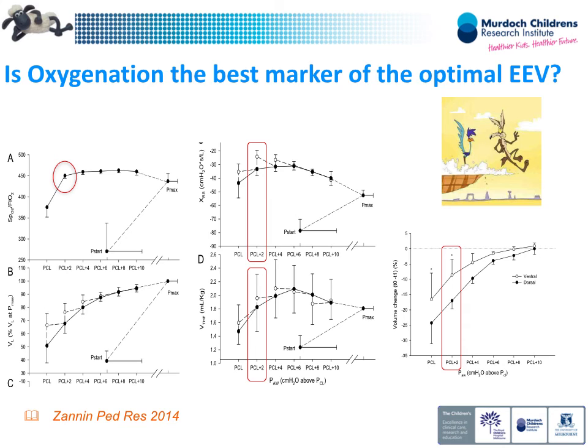And when we have looked at this during these high frequency open lung manoeuvres, here in a little lamb, where we've gone along the deflation curve and we've defined it by oxygenation, here you can see the closing pressure of the lung where we fall off the cliff. We've seen lung volume, and what we're seeing with EIT is that we start to get heterogeneous de-recruitment, which is what we'd expect.